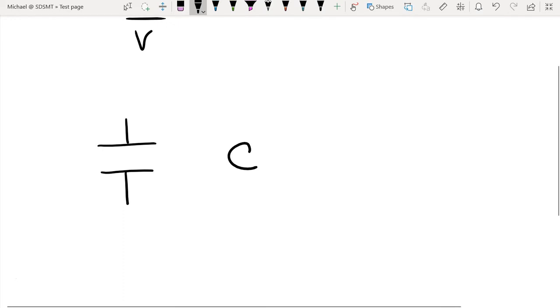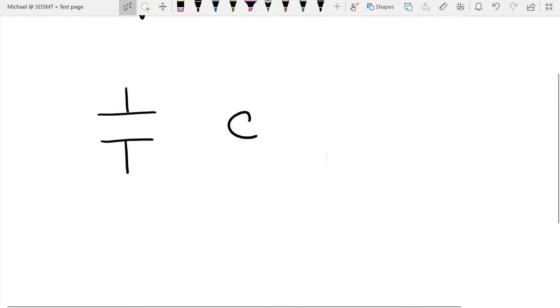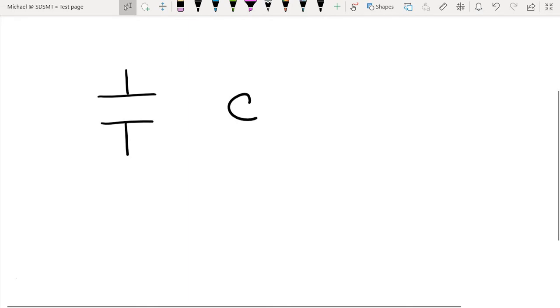Again, there are all different kinds of capacitors with different geometries, but we need something consistent that we can use in our circuit diagrams, and this is going to be that symbol. And so C is how we're going to represent the capacitor in our equations. The farad is the unit for the capacitor.